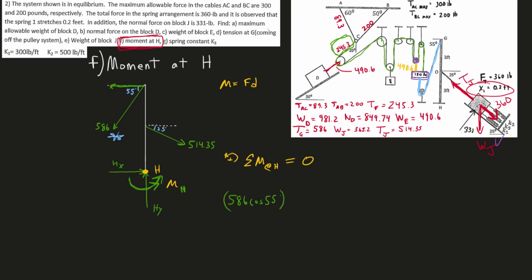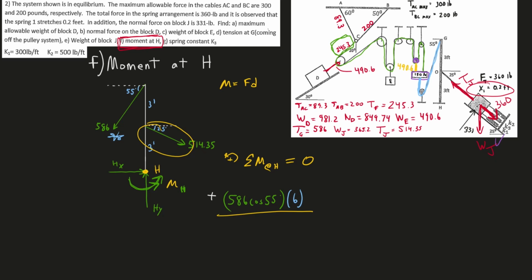And that distance will be the 3 feet plus the 3 feet to make a total of 6 feet. The direction, this force will want to spin this object counterclockwise about H. So I'm going to give this whole thing a positive sign. And that's it. This is the moment of this force about this point.